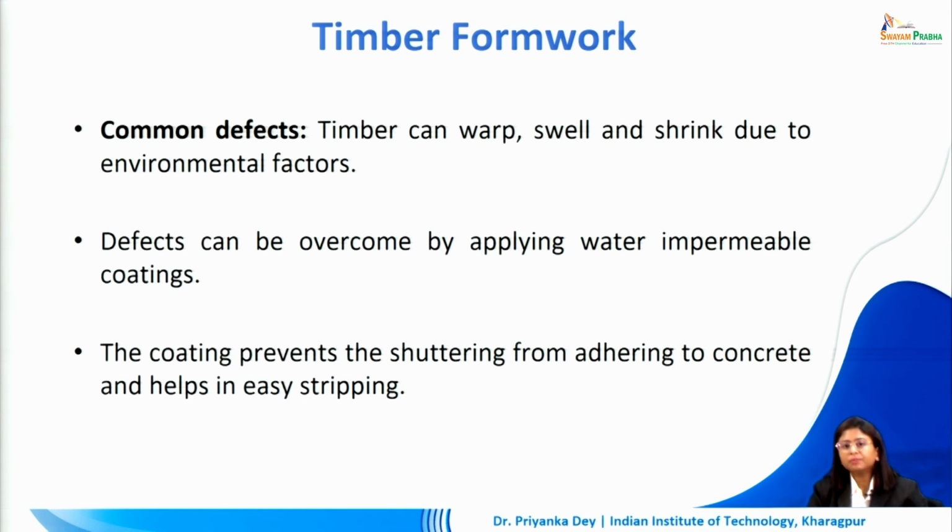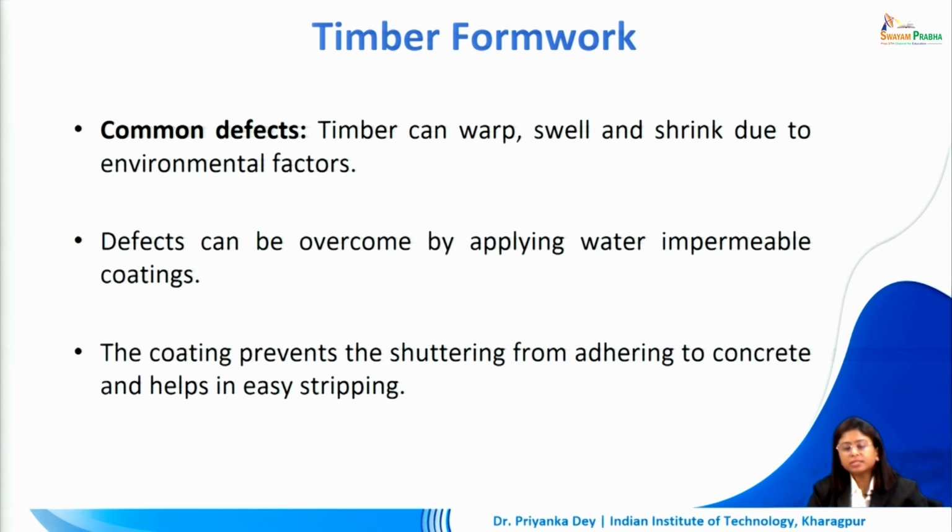These defects can be overcome by applying water impermeable coatings. So this is to protect our formwork or timber members from imbibing water and undergoing some changes in its shape and structure. Now the coating prevents the shuttering from adhering to the cement concrete also, and it also helps us in preventing some amount of stripping.